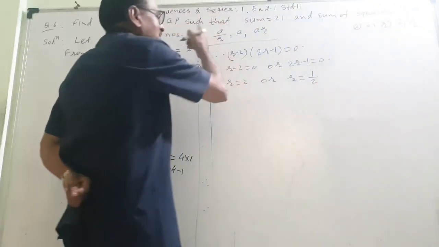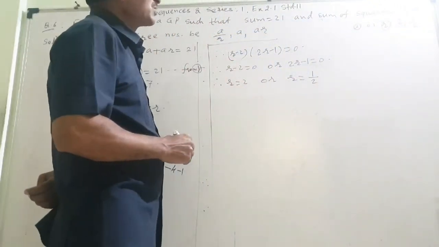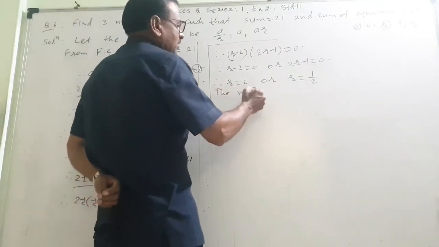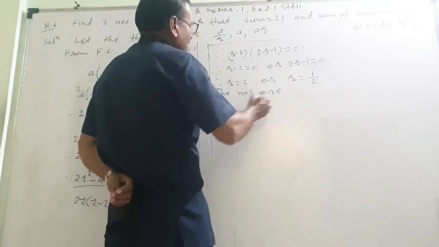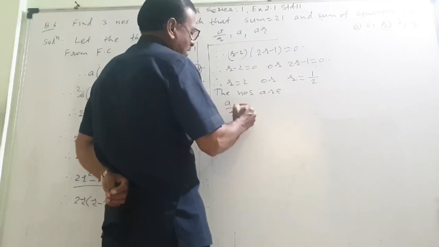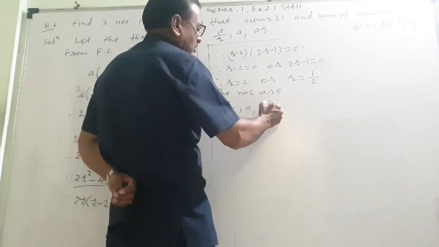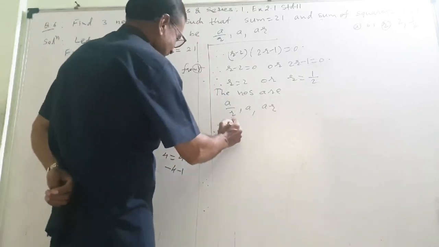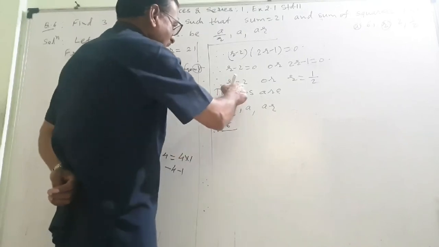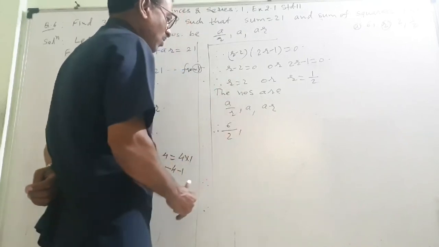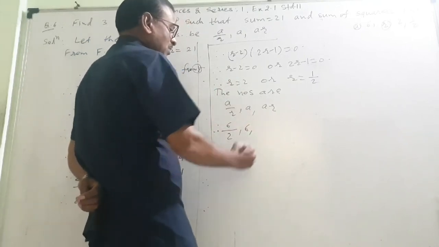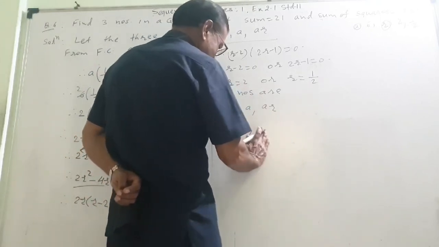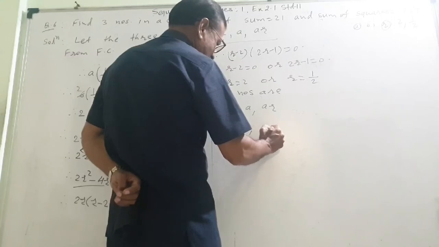Now I will come to the main question. Find the terms. So the numbers are a upon r, comma a, comma ar. Therefore, a is 6: 6 upon r, which is 2, comma 6, comma 6 into 2.